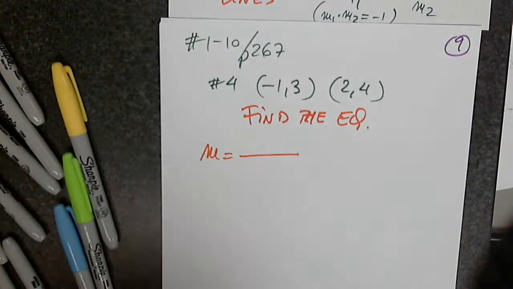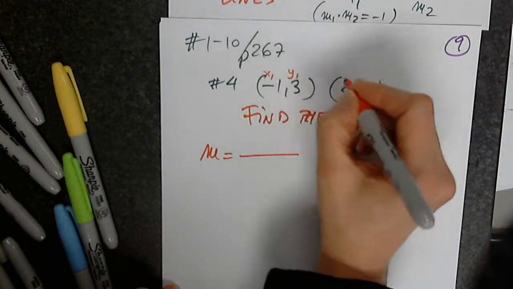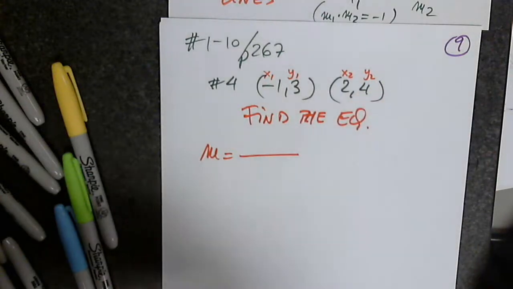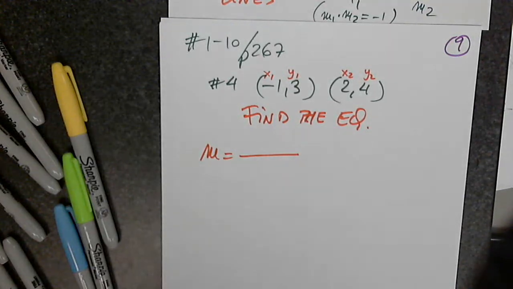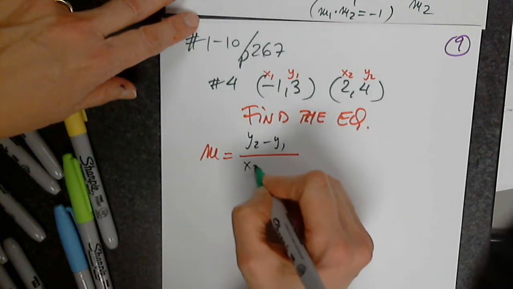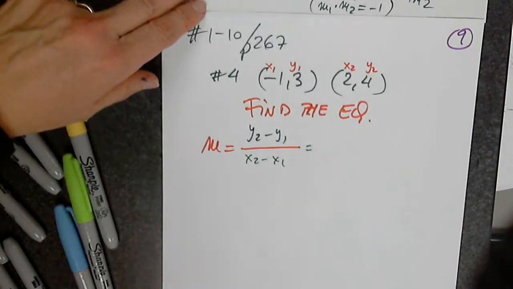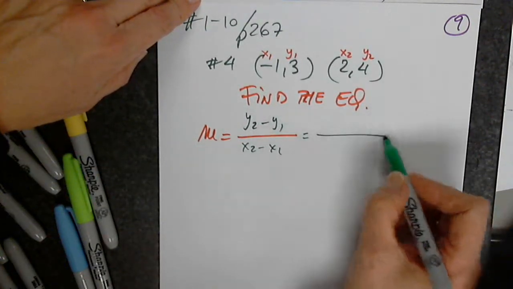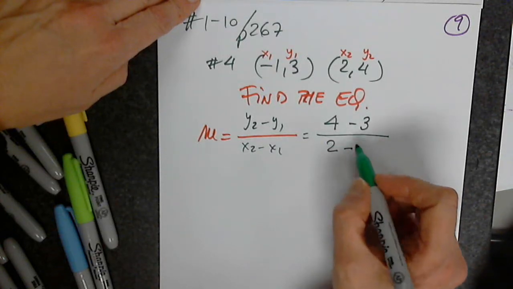If you have difficulties with this, please label the points like x1, y1, x2, y2. Point 1 has x1, y1, of course, and point 2 has x2, y2. So, please dictate. I would personally write y2 minus y1 over x2 minus x1, so my professor knows I know what I'm doing. And then replace them. So 4 minus 3 over 2 minus -1.